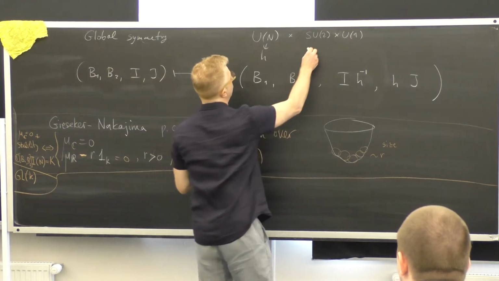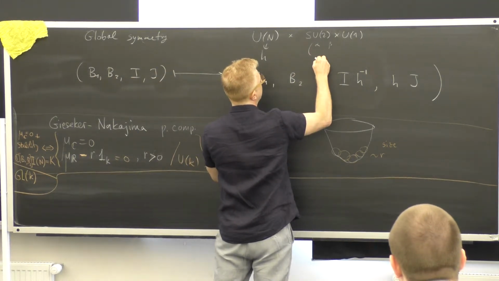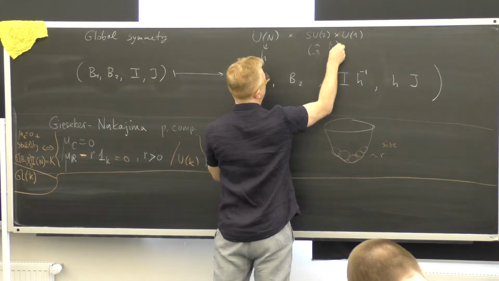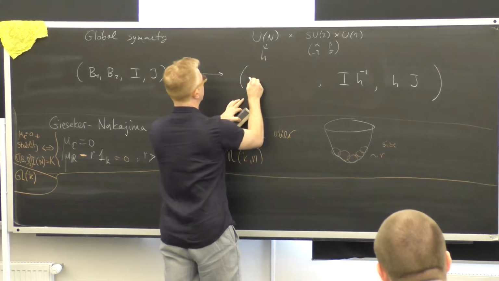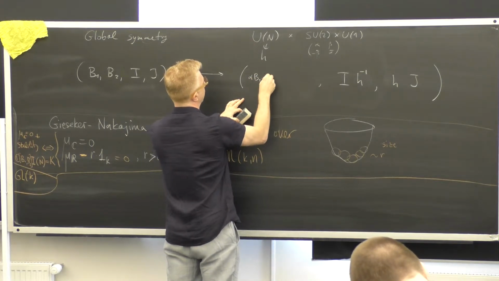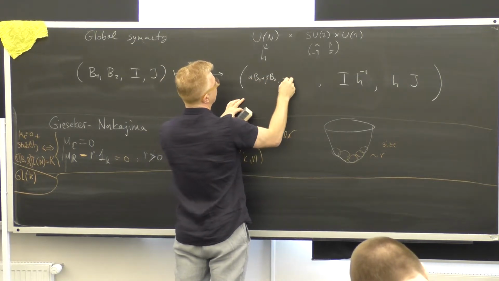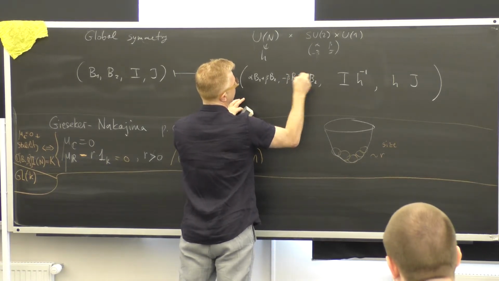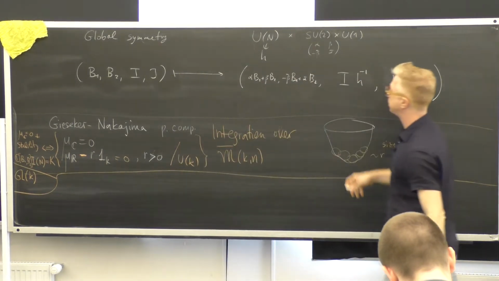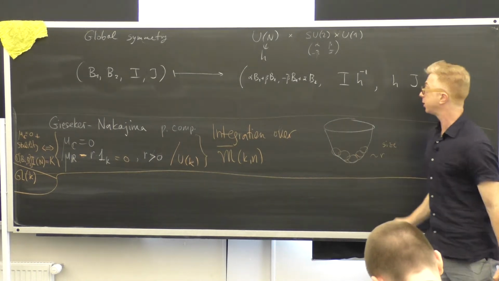So the SU2 matrix alpha beta, beta bar, alpha bar would act on my matrices B1 and B2 in this linear fashion.